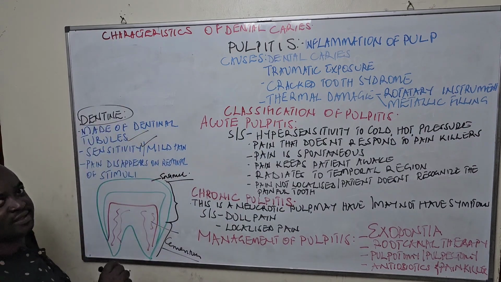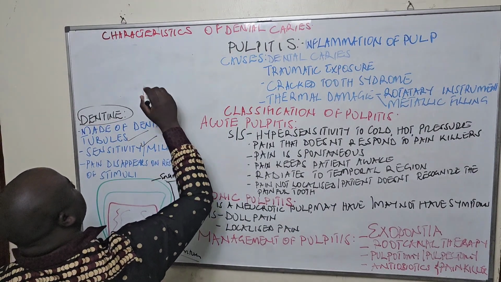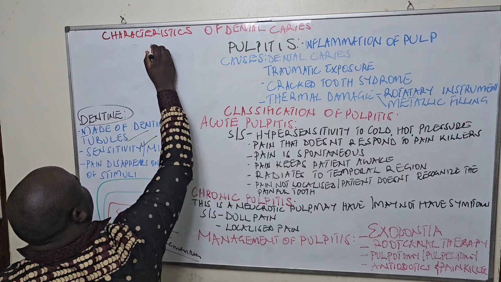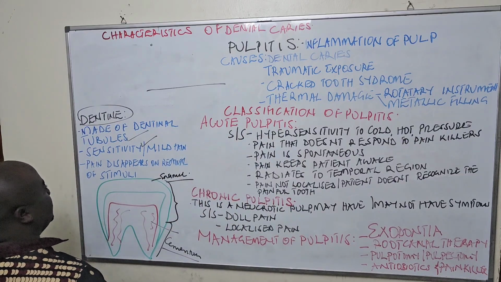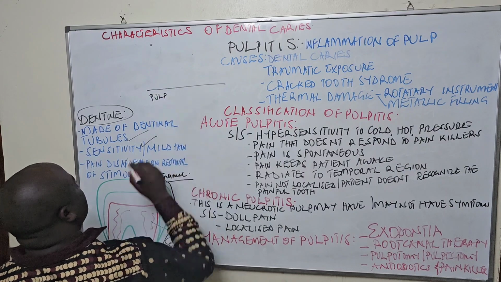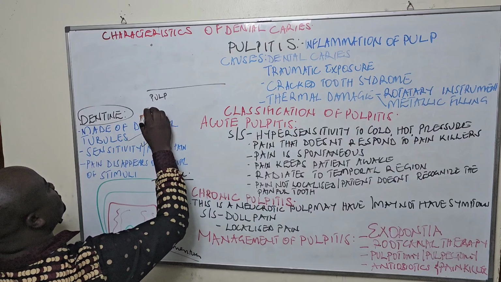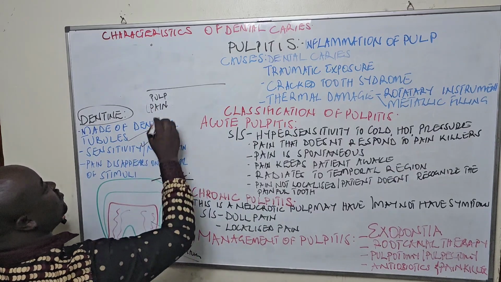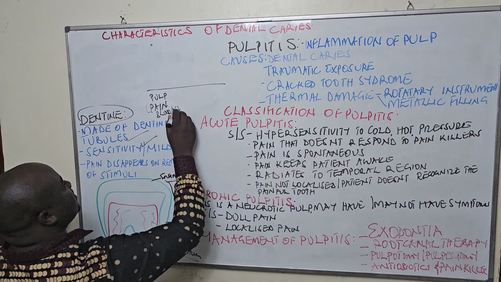What do we mean? This is the pulp. In the pulp here, we expect pain because of blood vessels and nerves.